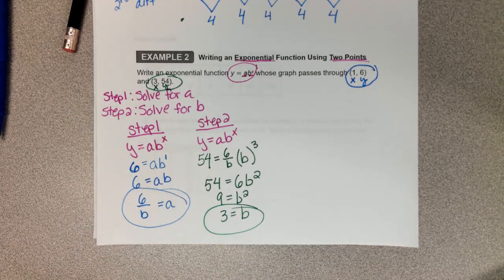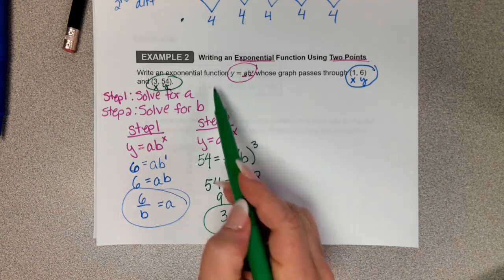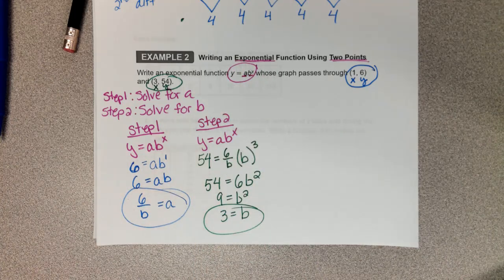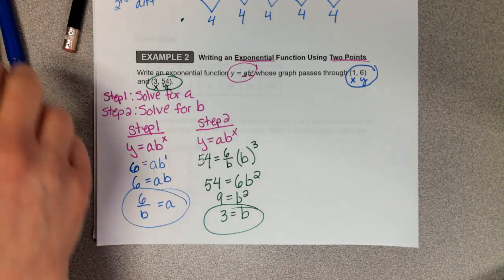Now, I do get this question, should it be positive or negative? They've not asked us for any other transformation, so I'm going to use the positive option for b. Just because the way that this parent function was set up, they aren't asking for anything. And your b is usually positive. I don't know that I've ever had an instance where b was negative, not in Algebra 2 anyway.